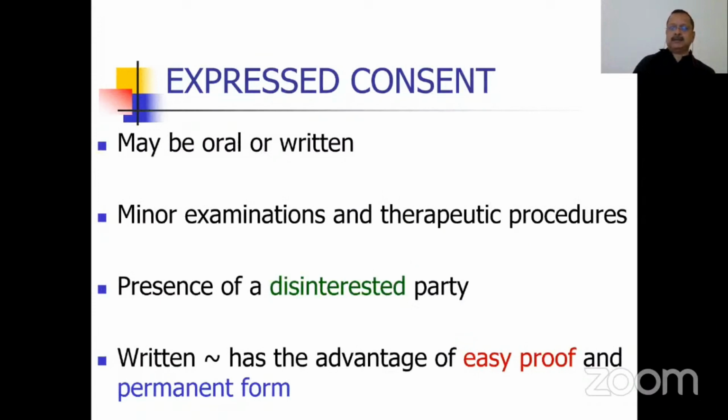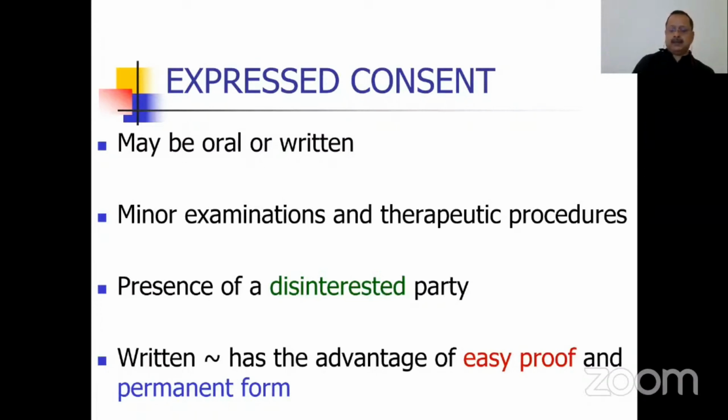Examinations on minor patients, as well as therapeutic procedures done on minors as well as majors, and any examination which goes beyond an inspection or palpation, in some cases palpation of private parts which intrudes into the privacy of a person, should also be express. So it is always safe for a doctor to have the presence of a disinterested party while taking consent, just to make sure that if the question of consent arises in the future, somebody disinterested can vouch for the fact that you have taken a proper consent.